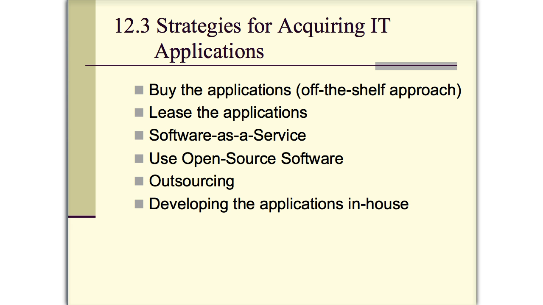Usually it's going to be cloud-based, so you access that software over the internet. You pay for what you use. You don't have to worry about installing the software, running it on your own systems, any updates, things like that.